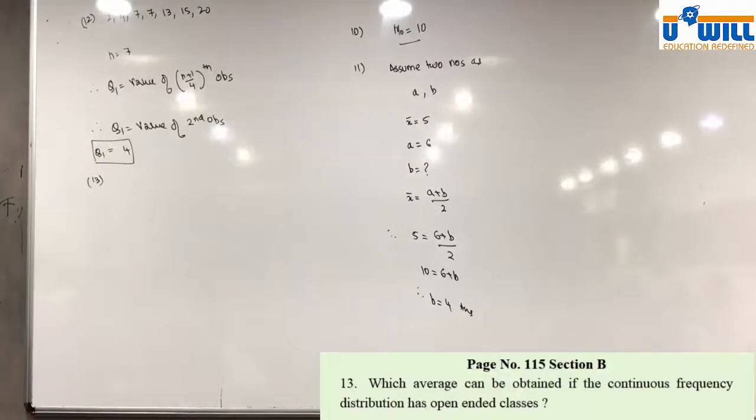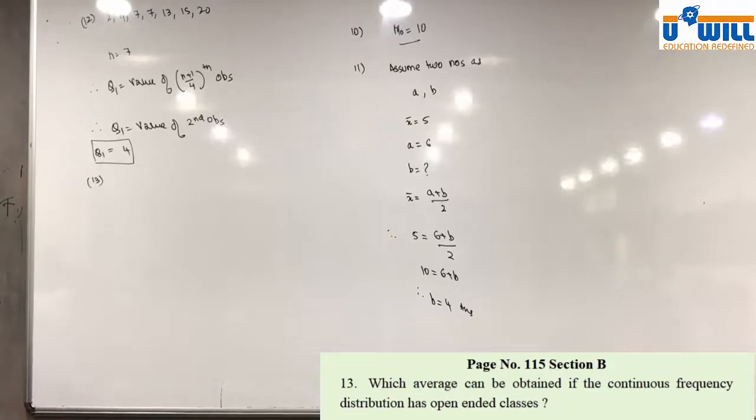13. See, important. Which average can be obtained if the continuous frequency distribution has open-ended classes? अगर open-ended classes हैं, तो हम कौन सा average find कर सकते हैं, use कर सकते हैं? Will we use mean or median or mode?